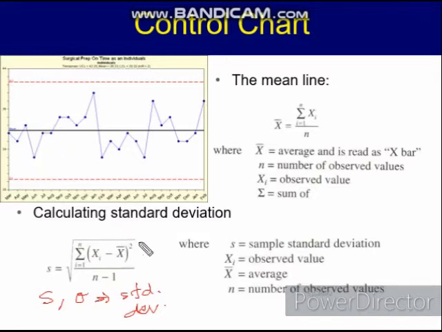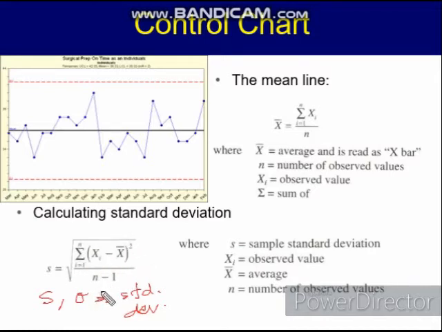Then you square them and sum them up, divided by n minus 1. n is the number of observed values. So this is the calculation for the standard deviation.